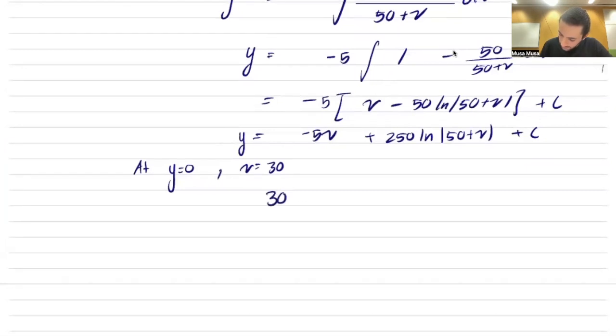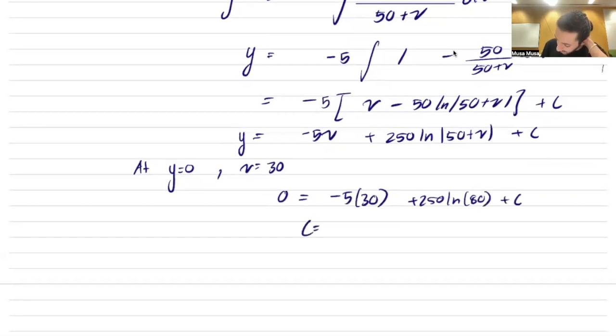So 0 equals minus 5 times 30 plus 250 ln of 80 plus C. So it seems like C equals 150 minus 250 ln 80.